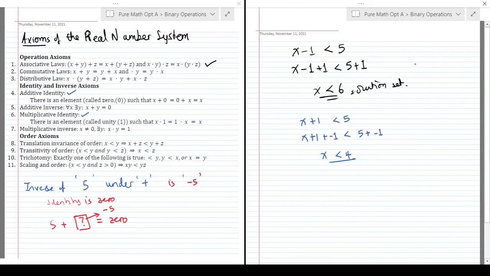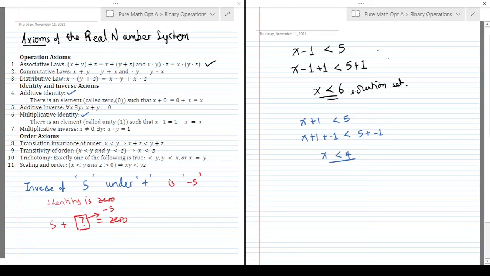Under the axiom of translation invariance, you are able to solve a simple linear inequality like these on the right-hand side. You can add or subtract the same number from both sides of an inequality, but subtraction is really addition of the negative, and the inequality will still hold.